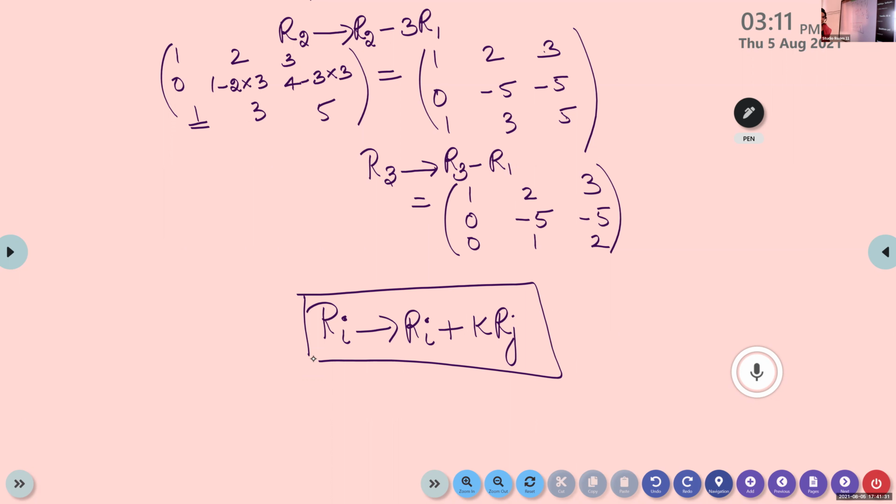And we denote it like this: Ri gets Ri plus some constant k into Rj.